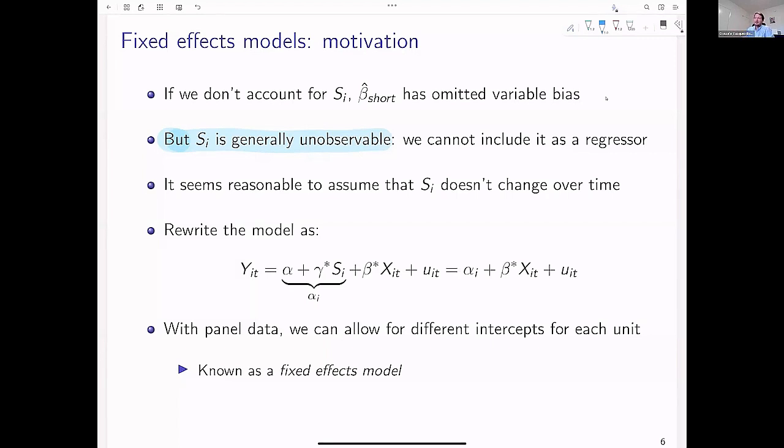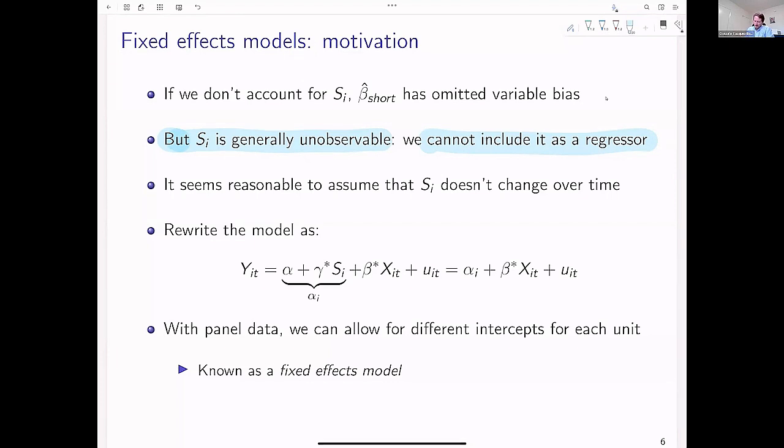In many cases, we're going to see variables that we don't observe in our data set. Obviously, if we don't observe it, we cannot include it in the regression. So then just including S_i will not be an answer for us because we just don't have enough information in our data to do that.